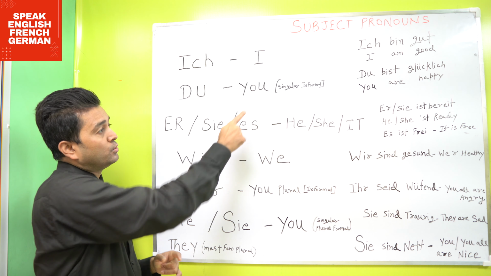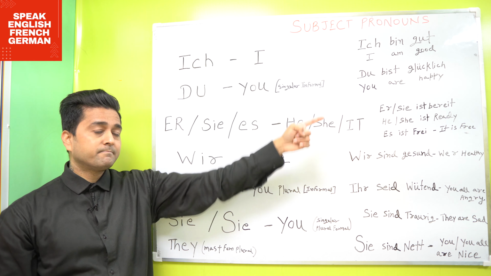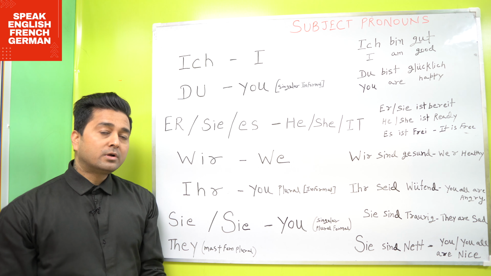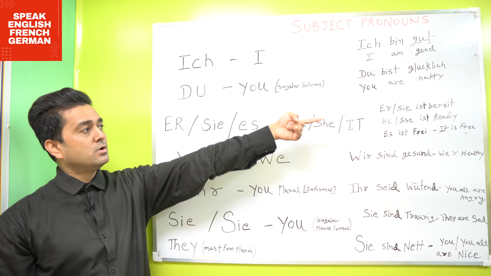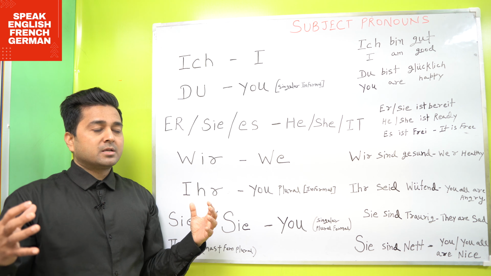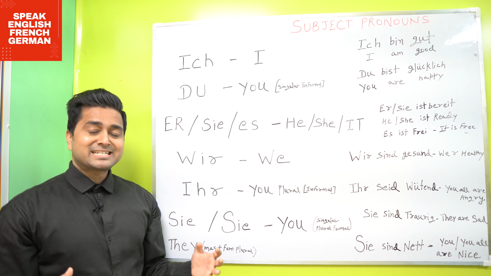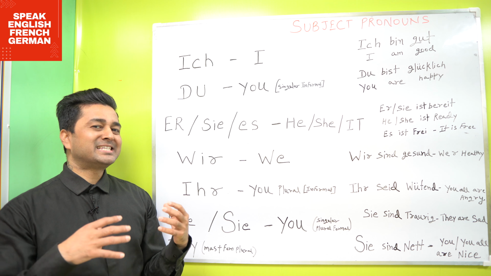Now let's take an example of the second one. Du means you. Here, du bist glücklich. Du, you know you, and bist is are, and glücklich means happy. So if you want to say to somebody like your friend, du bist glücklich, you are happy. So that's how you can make your sentence.